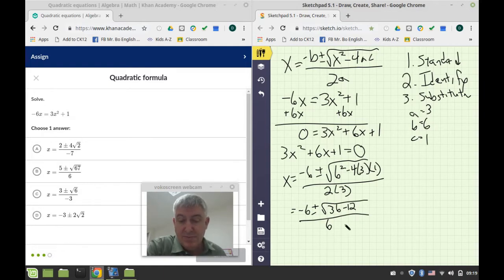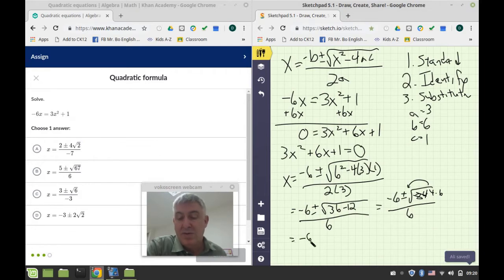And we're going to have to simplify a little bit more. Negative 6 plus or minus the square root of 24 all over 6. All right, and 24 is equal to 4 times 6. So I'm going to be able to pull that 4 out here as a 2.